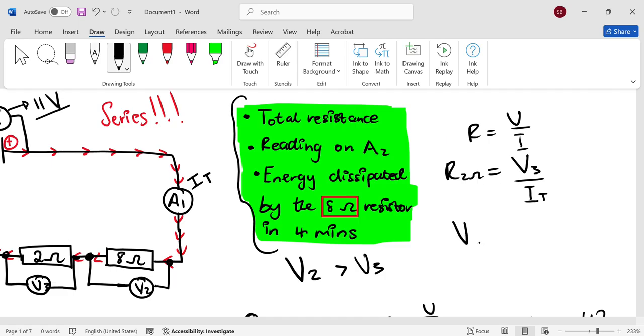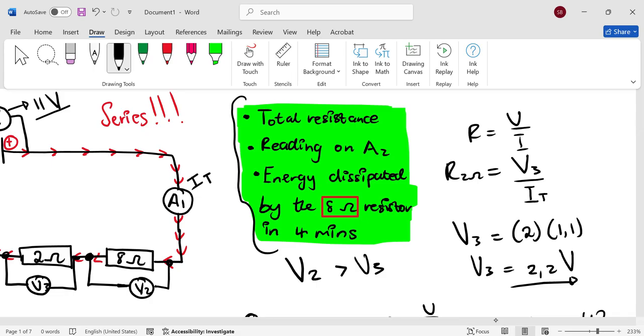So the resistance is 2 and the total current is 1.1. So V3 is 2.2 volts.